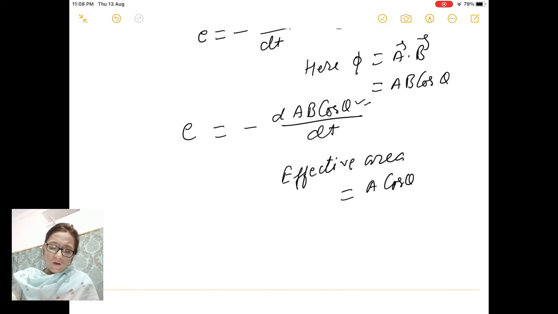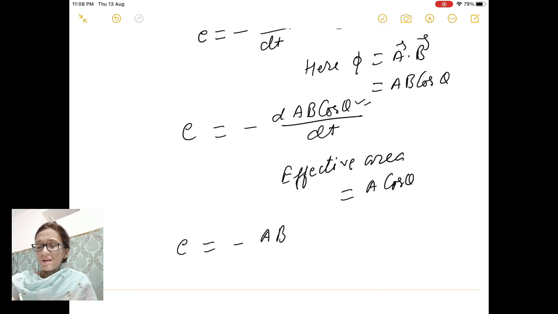So on differentiating this equation, we find that E is equal to minus A constant, B constant, and differentiation of cos theta. This can be differentiated with respect to theta only. So when you multiply and divide by d theta, this comes equal to plus sine theta and d theta upon dt.